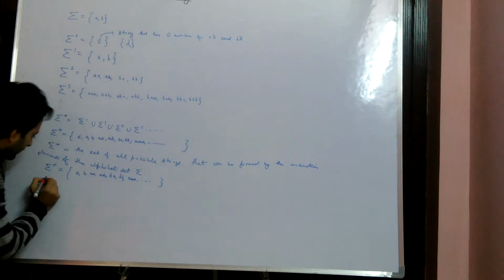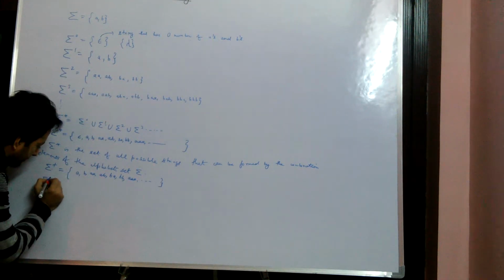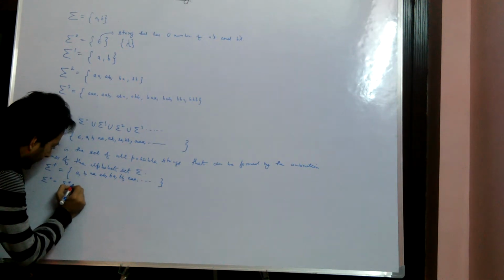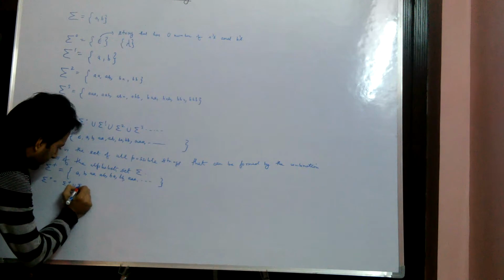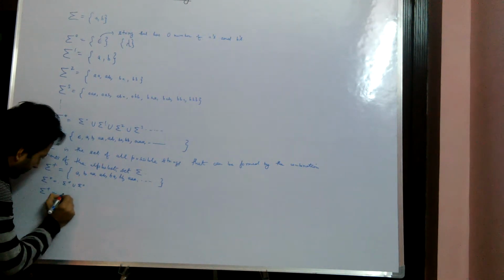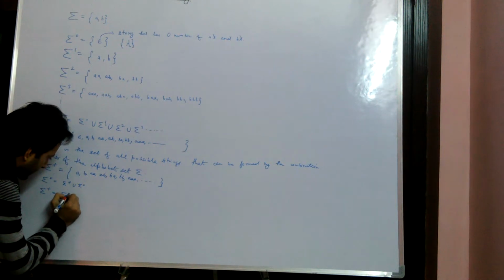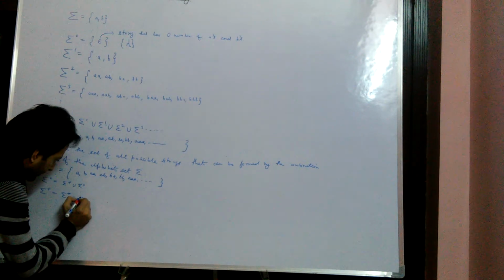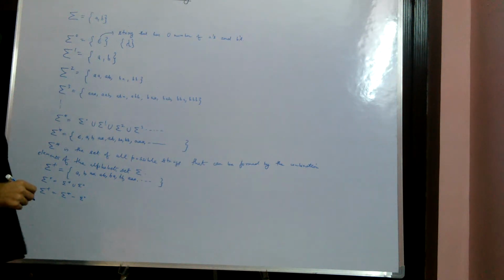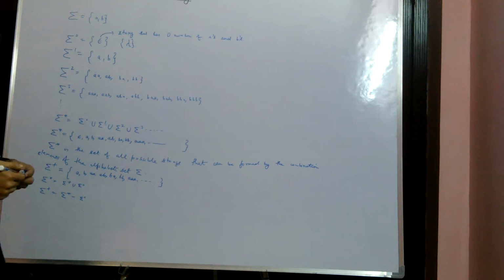We can also say that sigma star is equal to sigma plus union sigma 0, or we can say that sigma plus is equal to sigma star minus sigma 0. So hopefully you have understood all this.